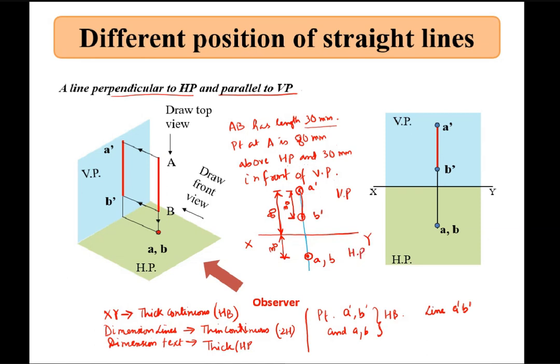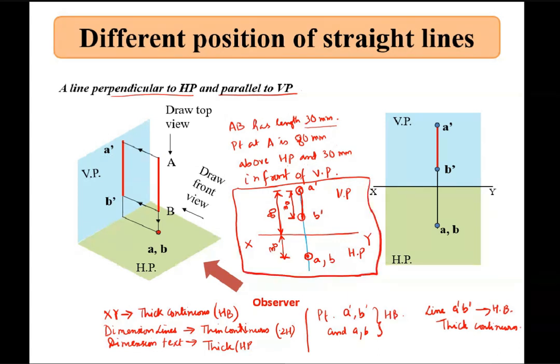The line A dash, B dash that I have joined, that will be again in HB pencil, or it will be thick continuous. Correct? Got it? Yes, sir. So this case is clear to you?